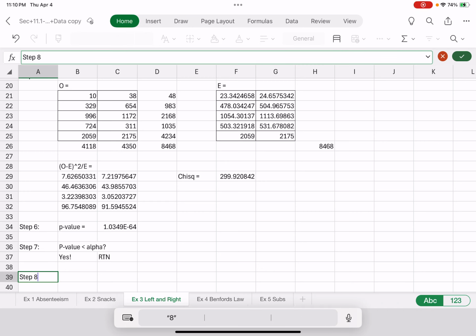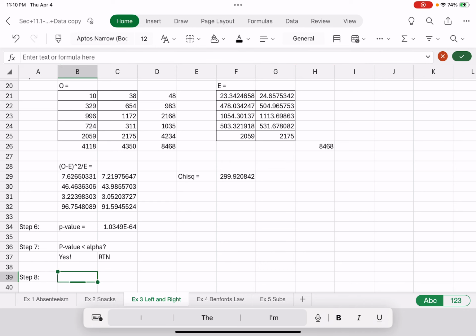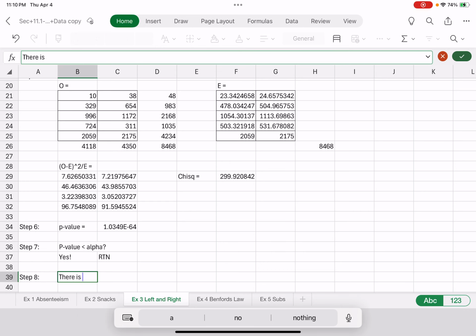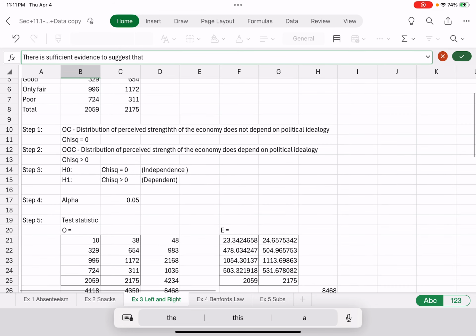Step 8. There is sufficient evidence to suggest that, let's see, what's the original claim again?